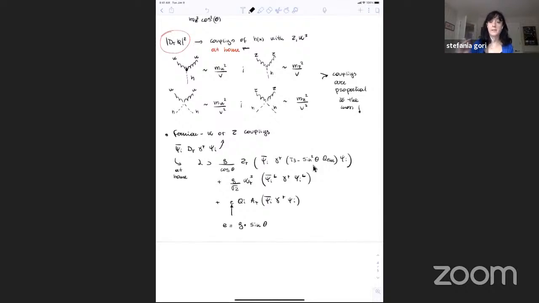As we said, everything can be expressed in terms of this g and g prime. So what we are doing now is writing down the full Lagrangian of the standard model after electroweak symmetry breaking, because now we have really all the ingredients for doing so. So we can generate all the couplings that we can then test experimentally.